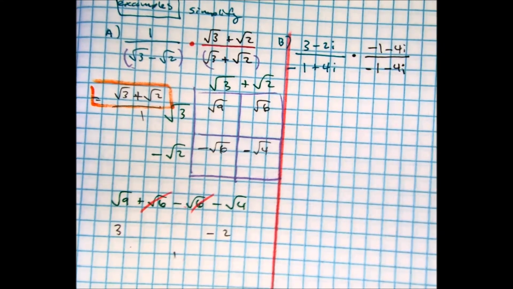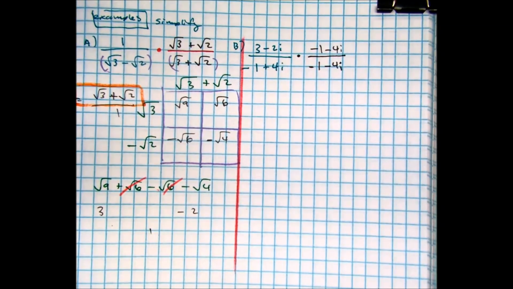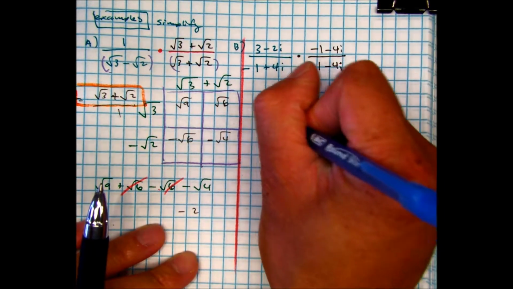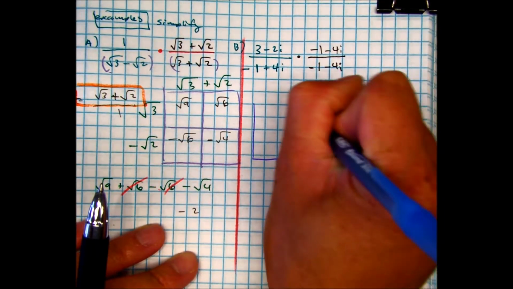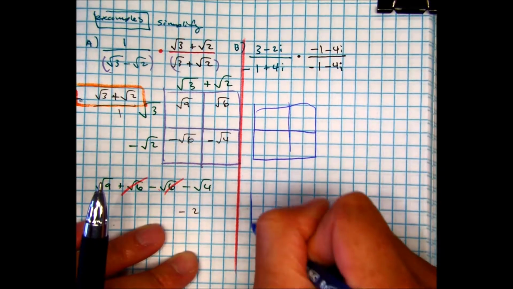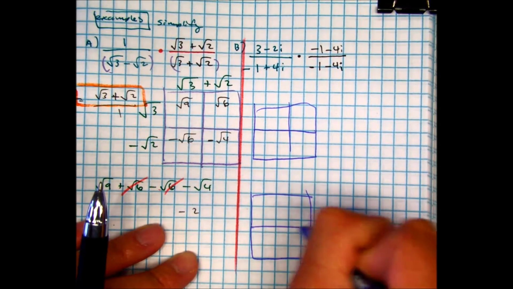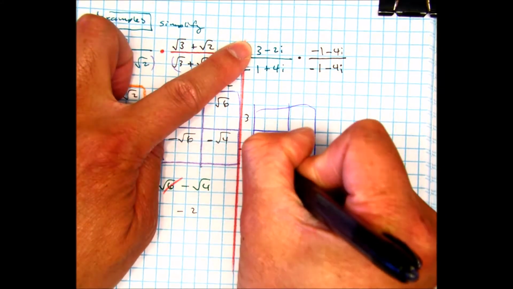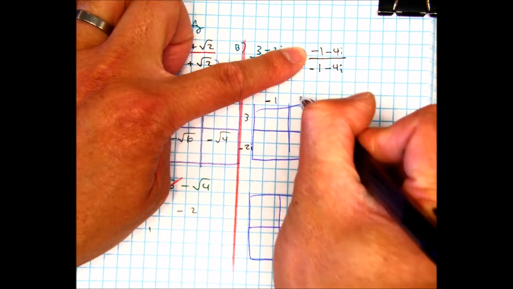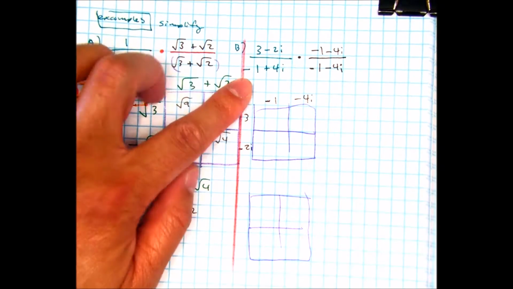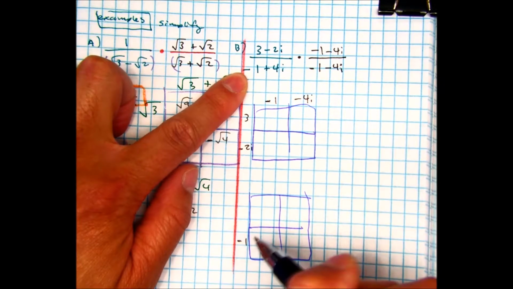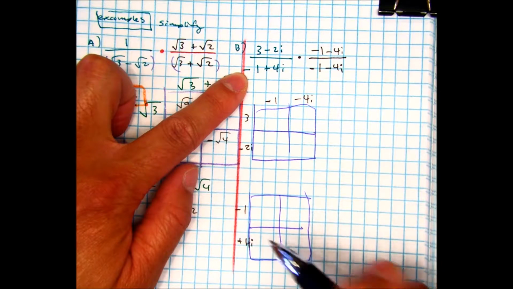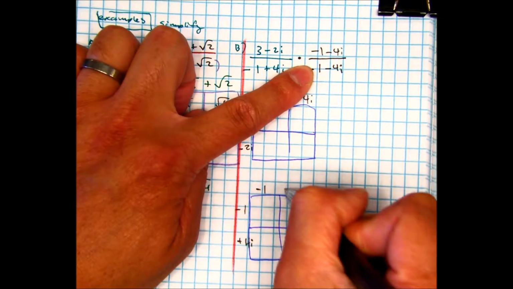Now in this problem, I'm going to have to do 2 sets of boxes, right? So here I have 3 minus 2i, negative 1 minus 4i, negative 1, whoops, negative 1 plus 4i, negative 1 minus 4i.